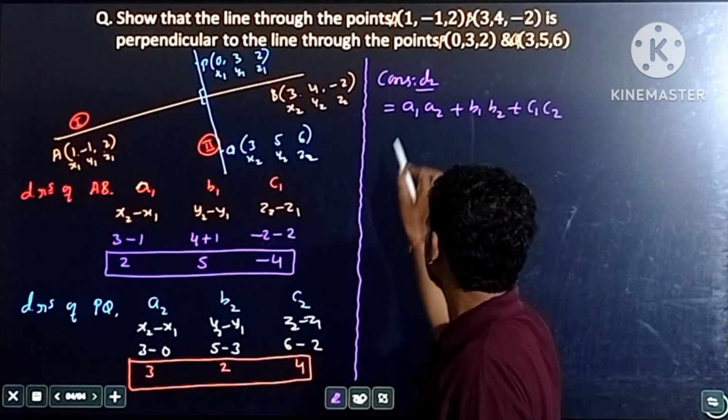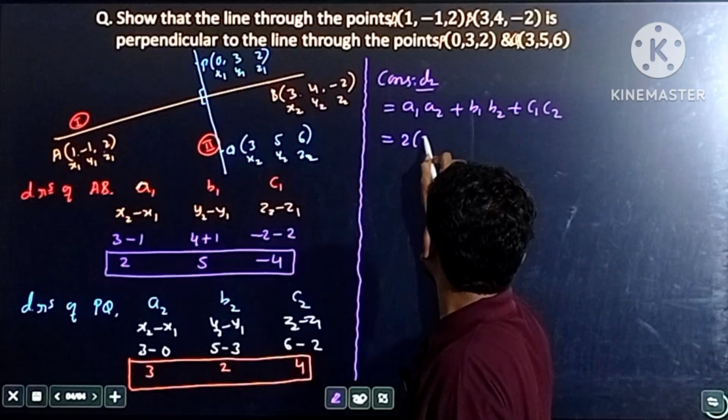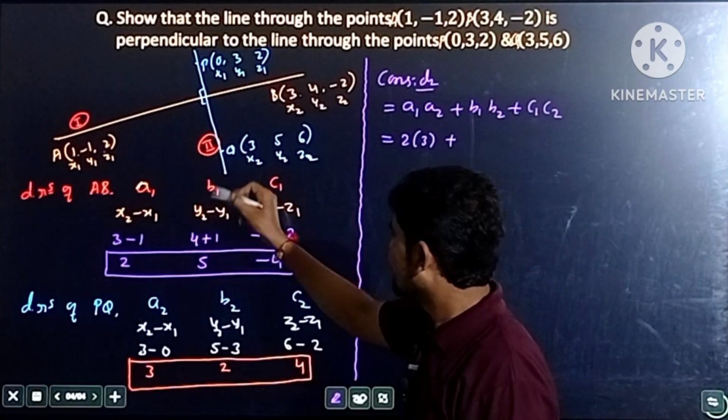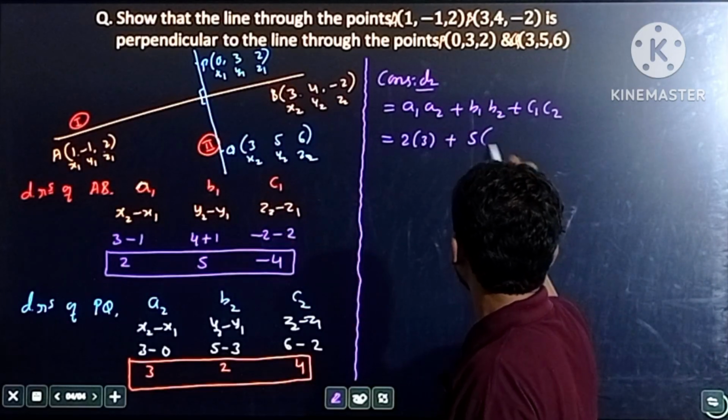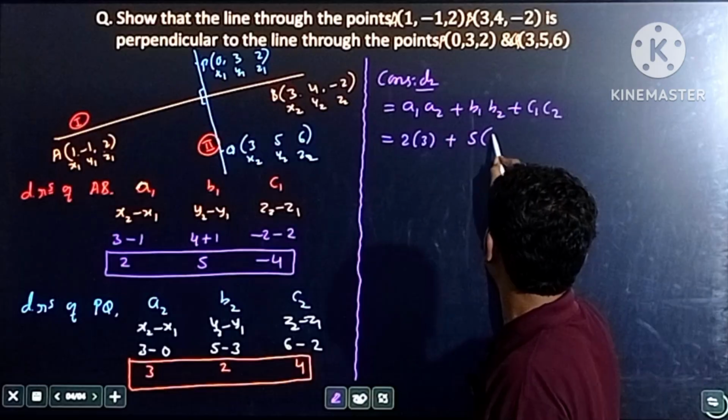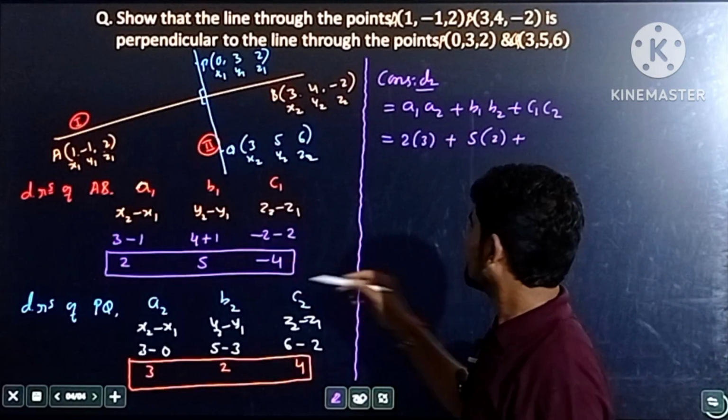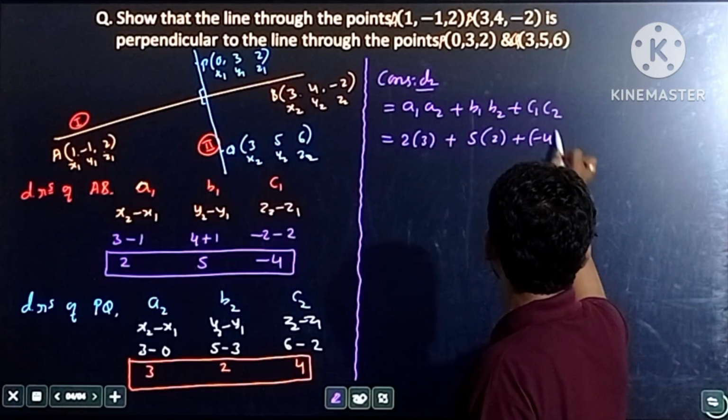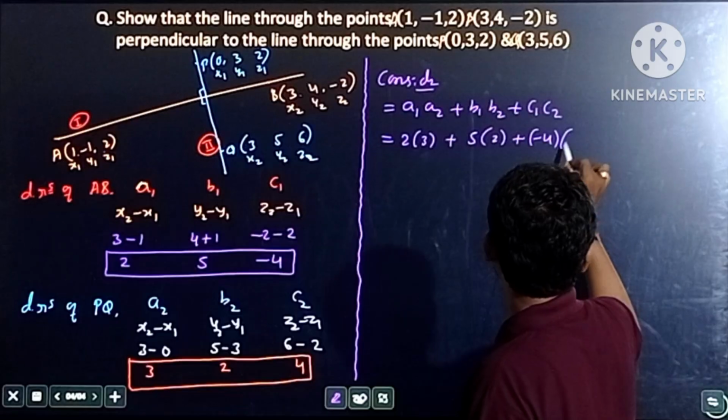Therefore 2 into 3, plus B1, which is 5, into B2, which is 2, plus C1, which is minus 4, into C2, which is 4.